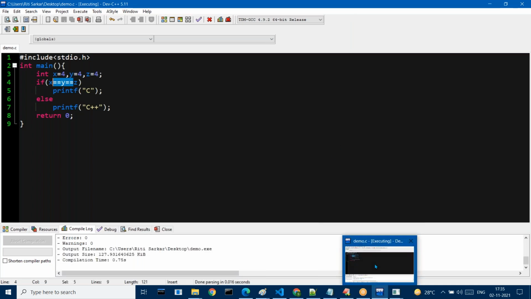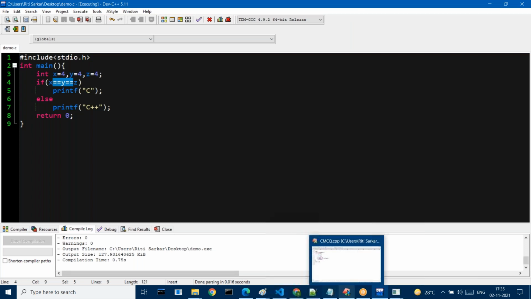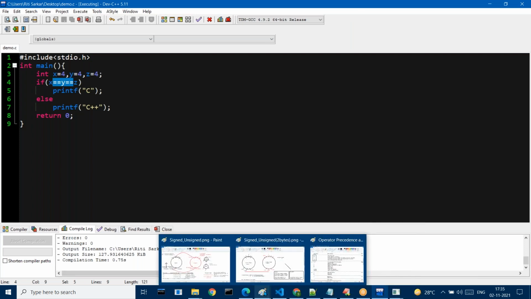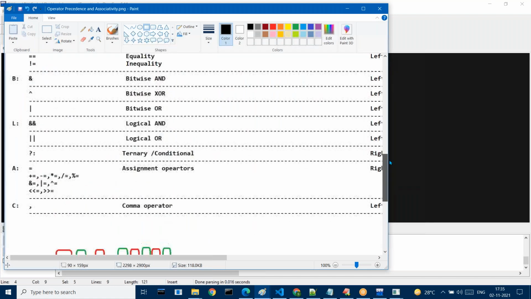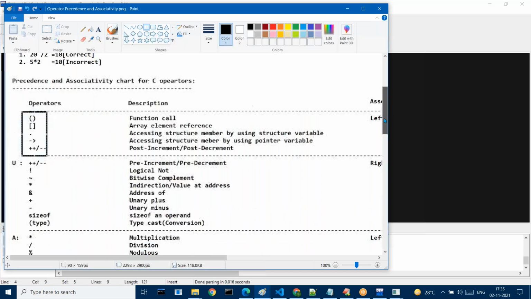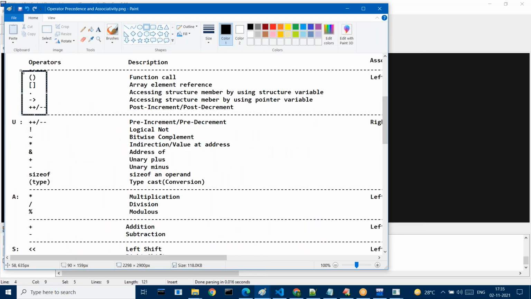Now, how do you remember this entire precedence associativity chart? Such a big one. My suggestion is you just remember up to this.